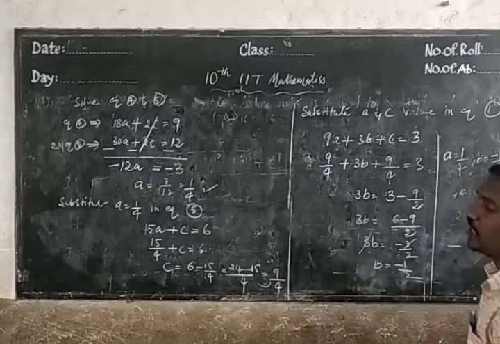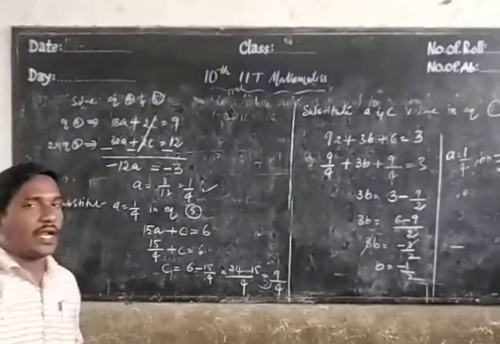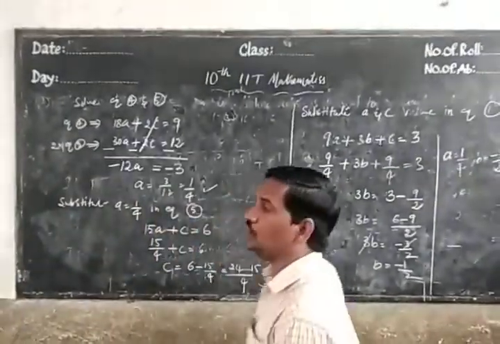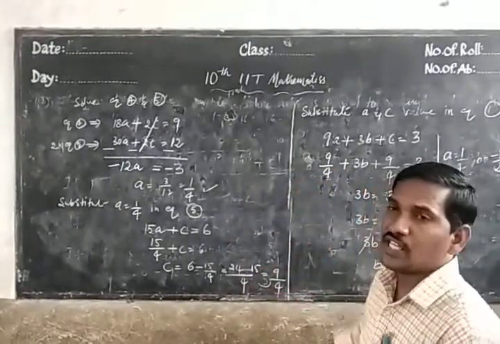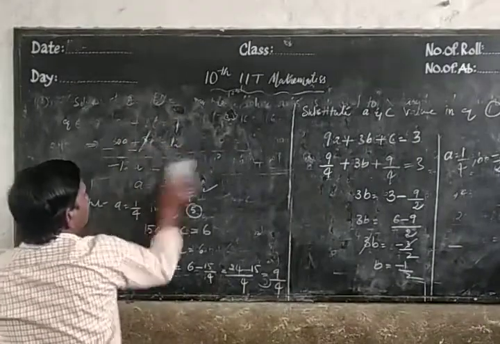Now substitute in the equation. What is the equation? Since the axis of the parabola is parallel to the x-axis, the equation is x equal to ay square plus by plus c.